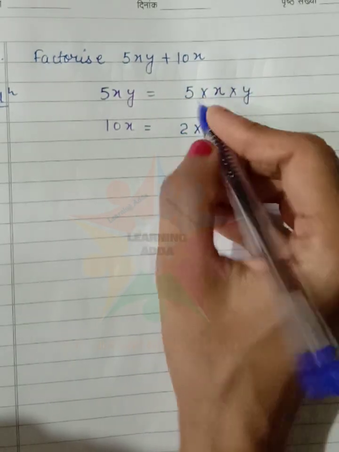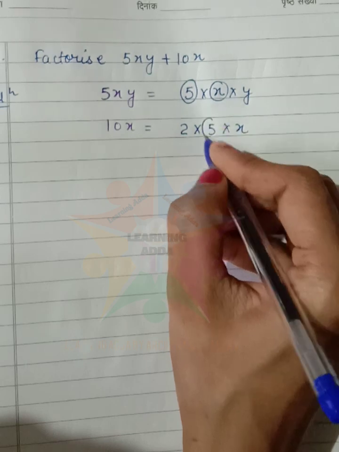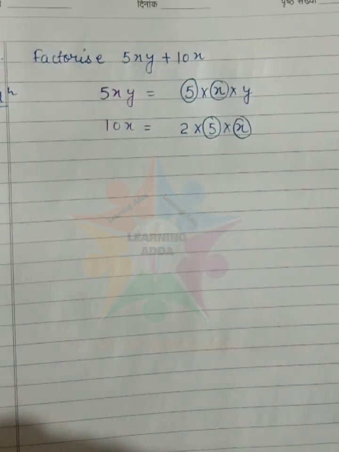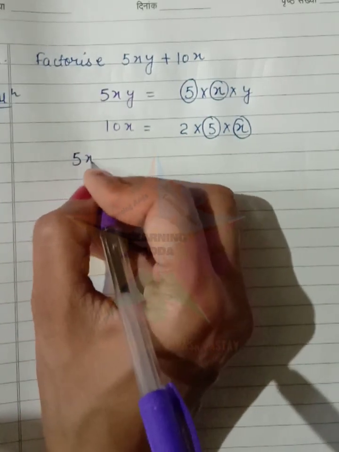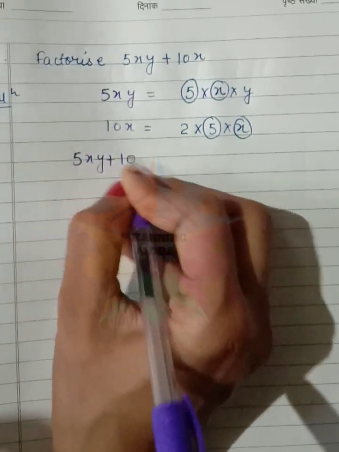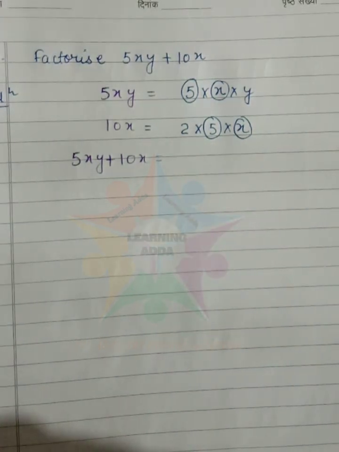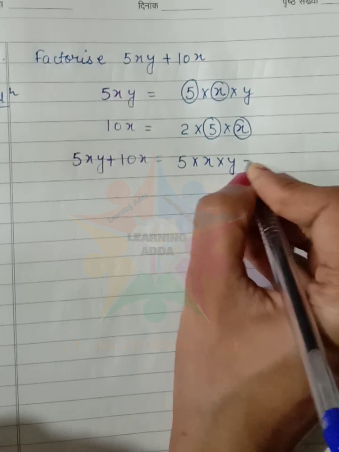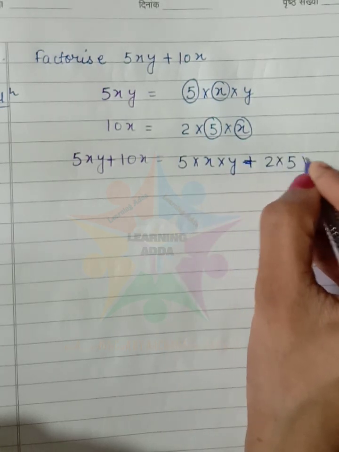5 and x. In the second term, 5 and x both are common. So we can write 5xy plus 10x equals 5 into x into y plus 2 into 5 into x.